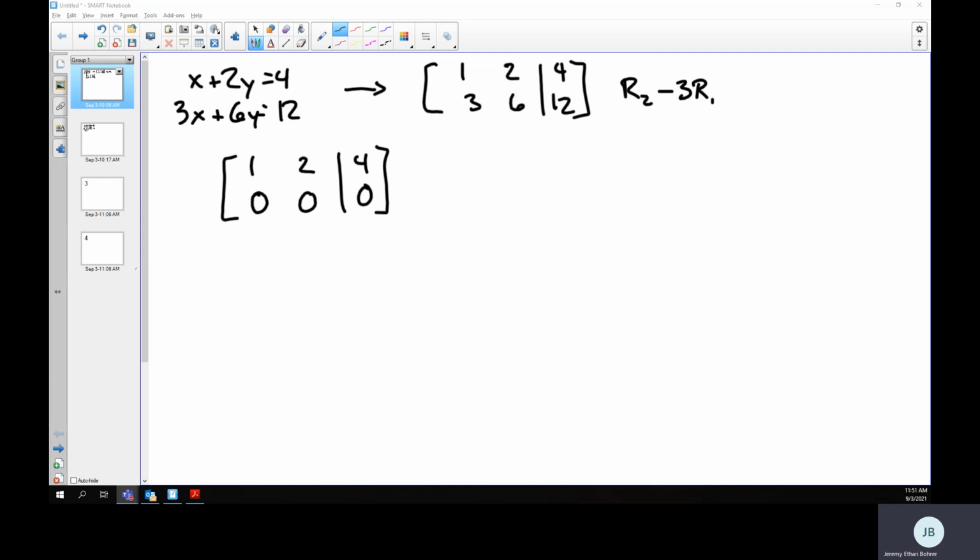So what we're saying here is that we don't have a specific solution. What we have is an infinite set of solutions given by x plus 2y equals 4. Or we could also write that as x equals 4 minus 2y.